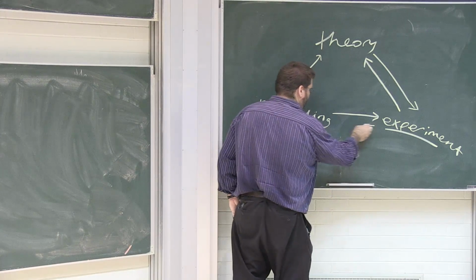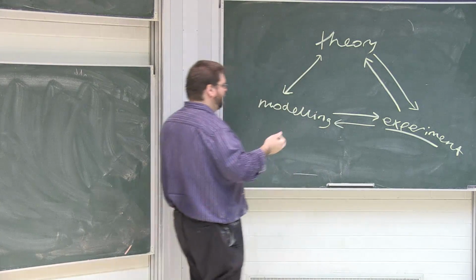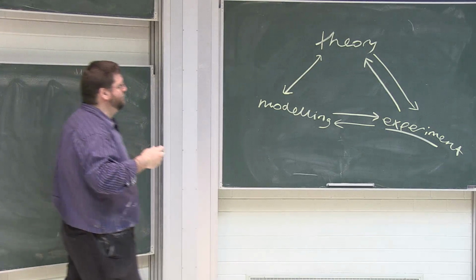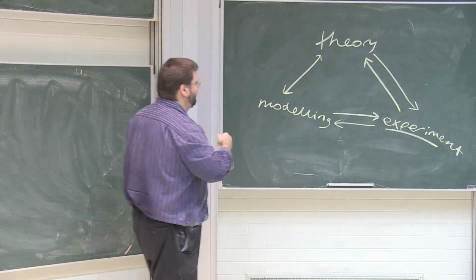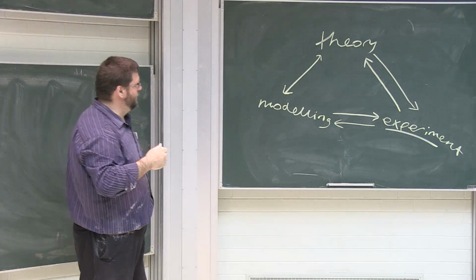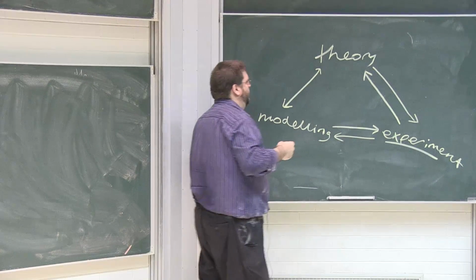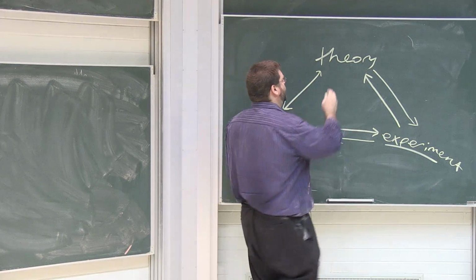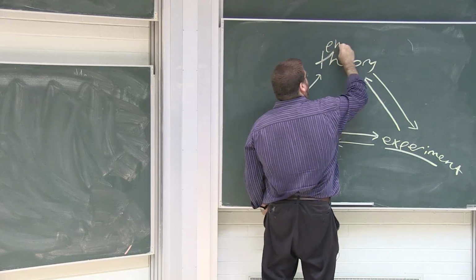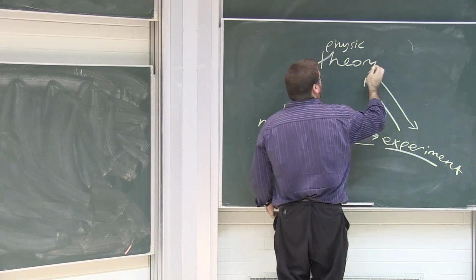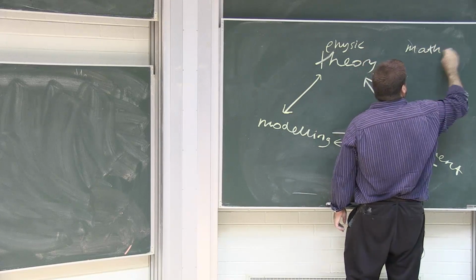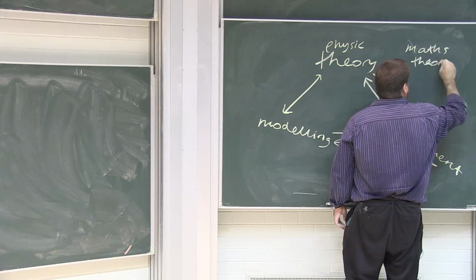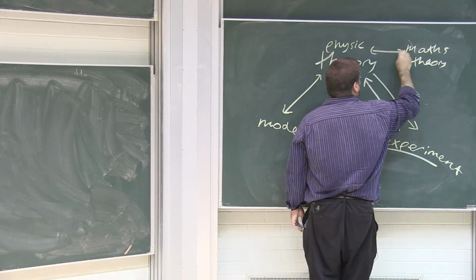Again, there's an interplay between modelling and experiment, between experiment and modelling. We've already spoken about the two different directions of theory informing modelling and conversely. Yep. You might also want to split, by the way, theory into physics theory and maths theory, as in pure maths, and these things also inform one another.